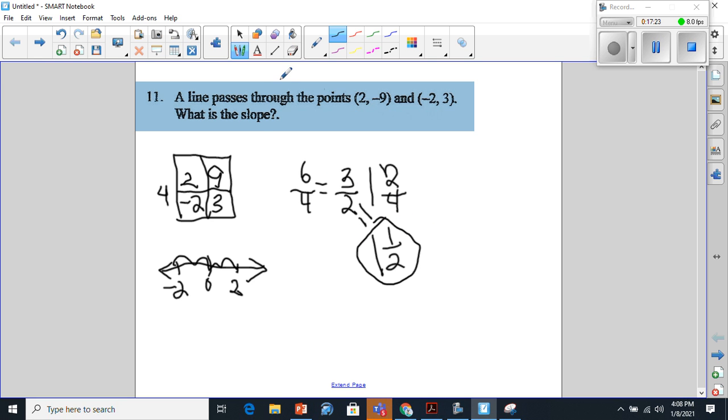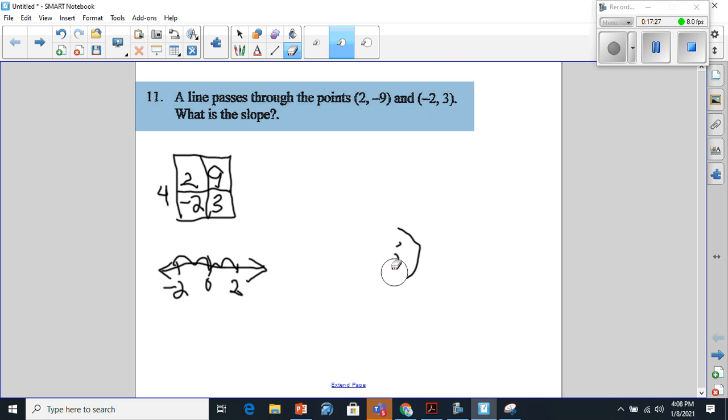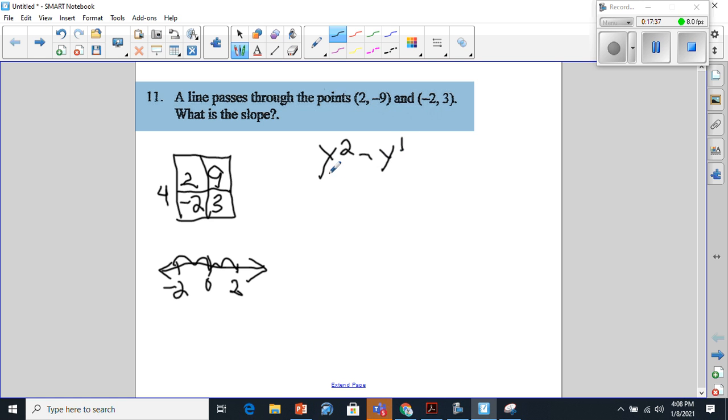For those that are wondering if that's true, Mr. Mills, are you slipping up on us here? Let's go ahead and use our equation for slope, and that is y2 minus y1 over x2 minus x1.